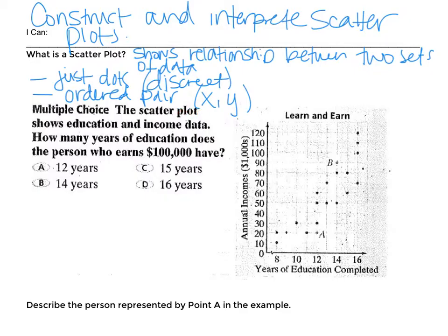The scatter plot shows education and income data. How many years of education does the person who earns $100,000 have? So really all we are doing is reading the graph. If the annual income is in thousands, then this 100 right here is your 100,000.